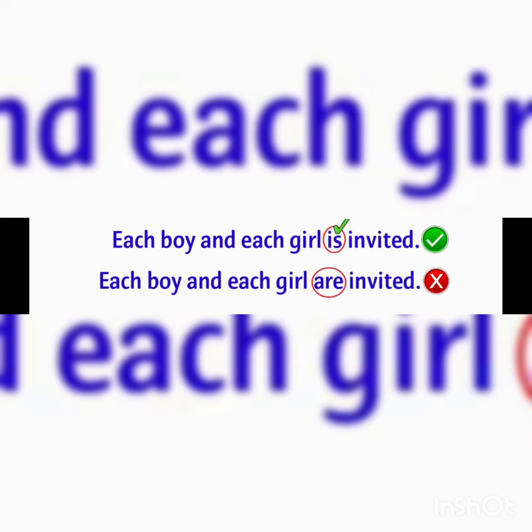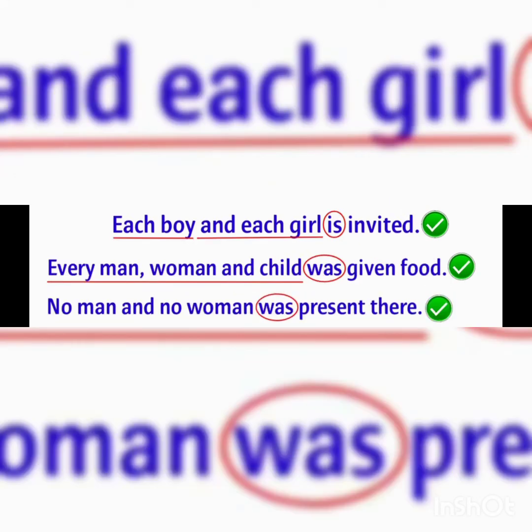That is the correct form. "Each boy and each girl are invited" is grammatically incorrect. Each boy and each girl means we are talking about every girl, prati ek, everyone, every single one in the class. So that means "is". Okay, now let's see other examples here.